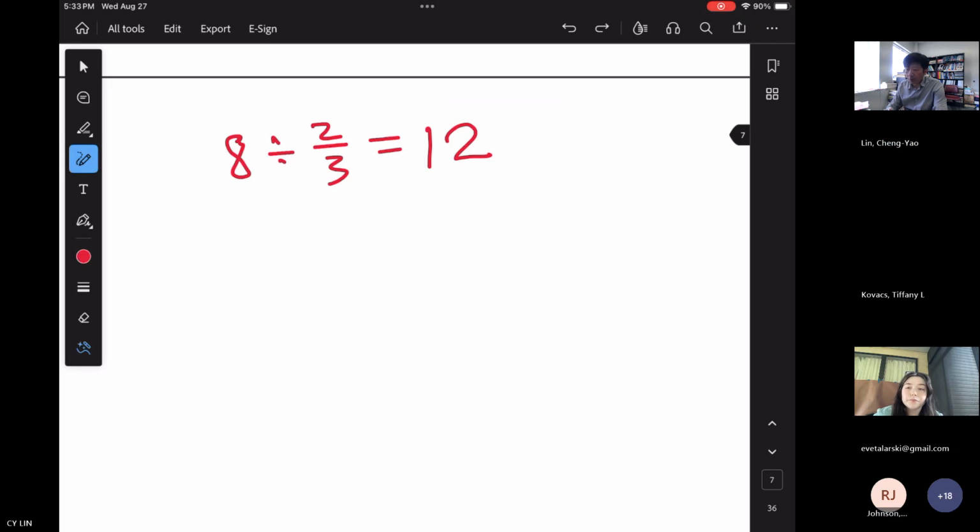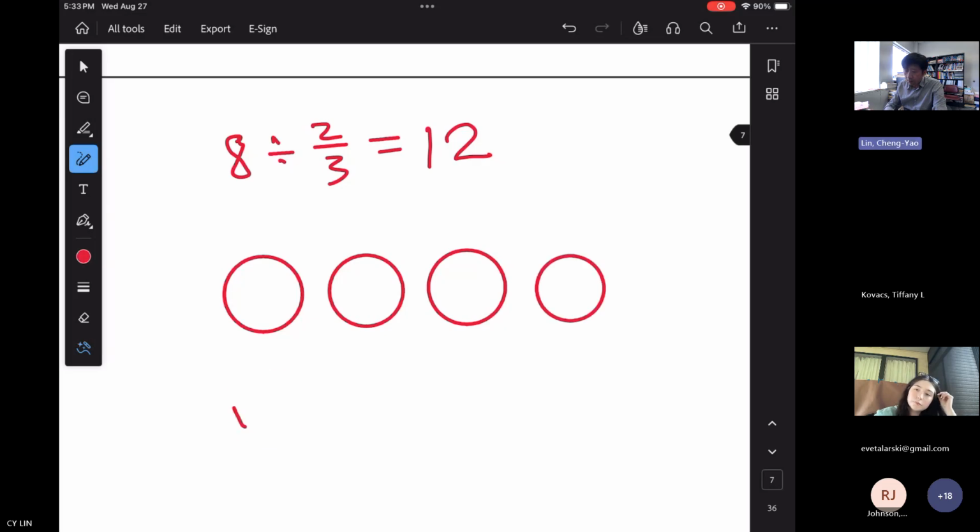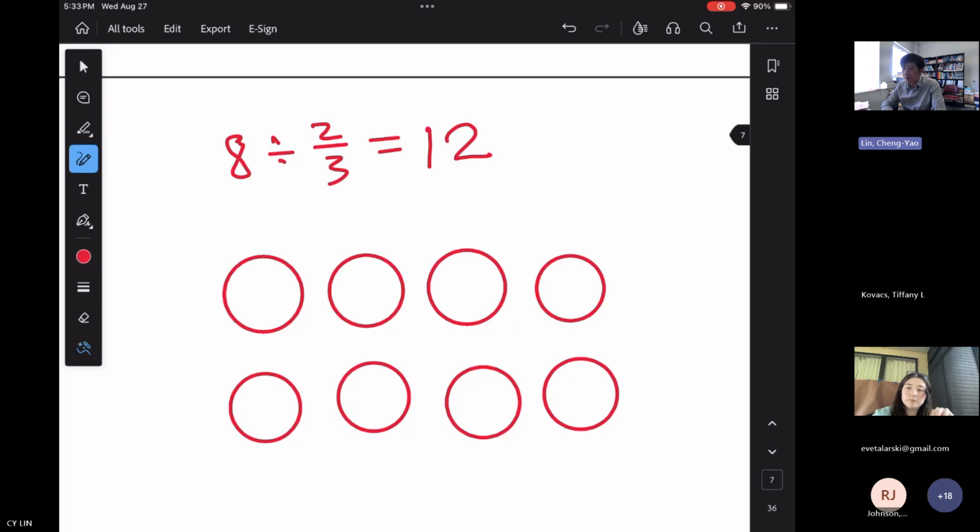Yes. So I'm going to draw a pizza. 2, 3, 4, 5, 6, 7, 8. I have a pizza, right? I want to share with everyone 2/3. How many people can I share with?